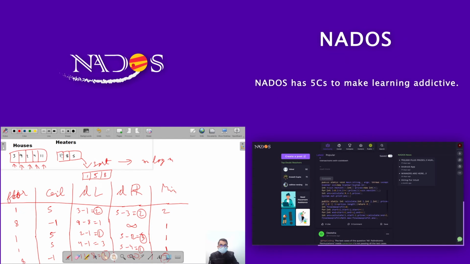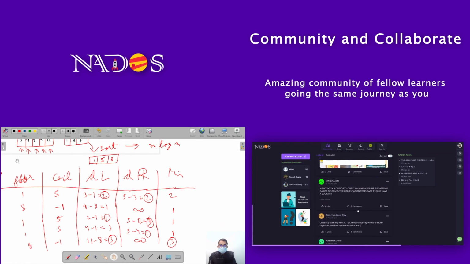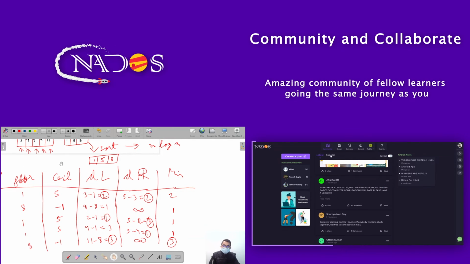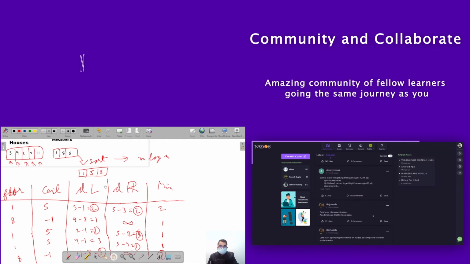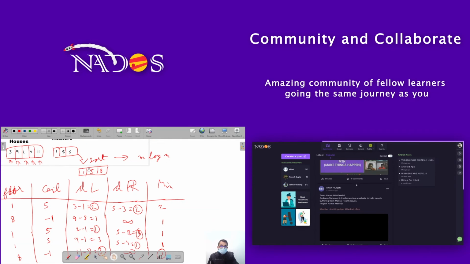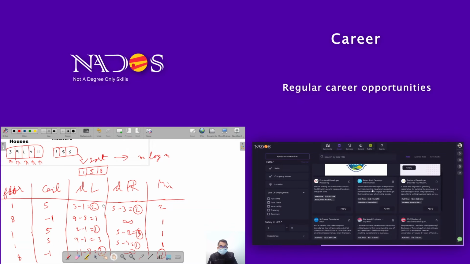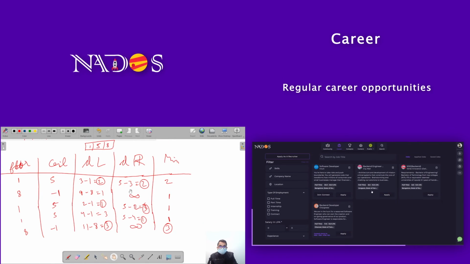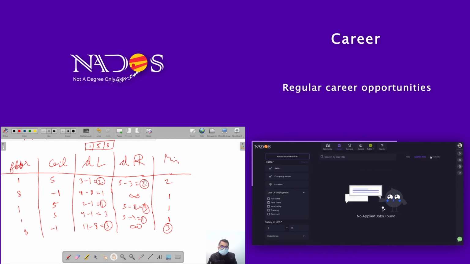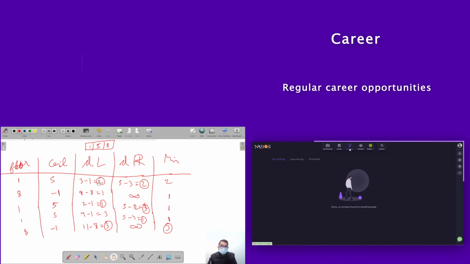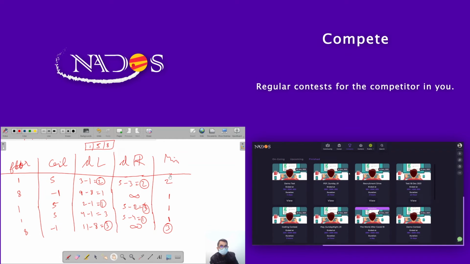After this, I'm going to travel over all my house numbers, and try to find floor and ceil using binary search on the heaters array. Then I calculate distance from left and distance from right, and find the minimum distance from which a heater is present for that house.